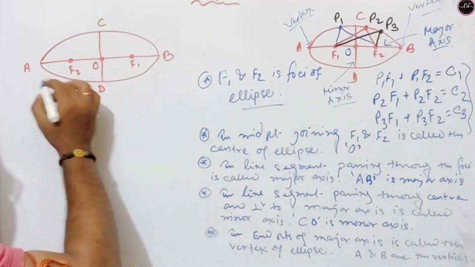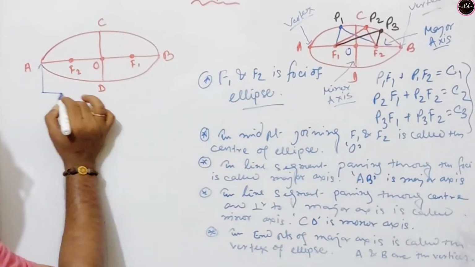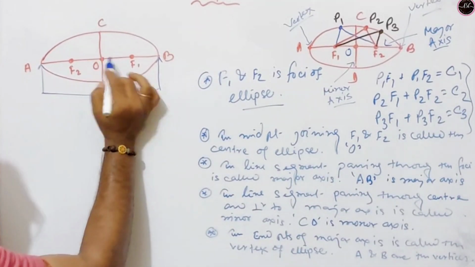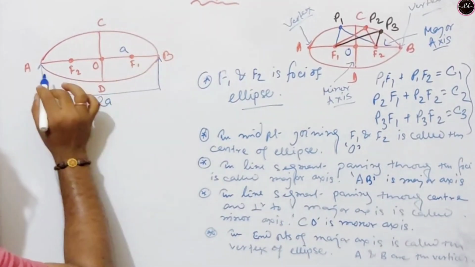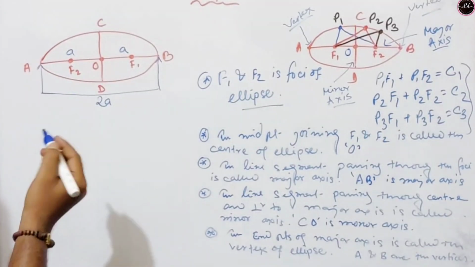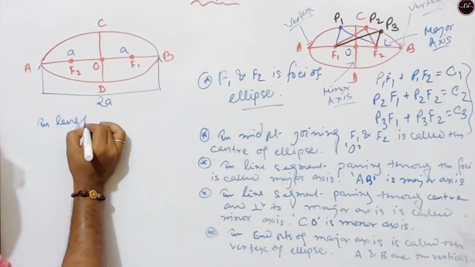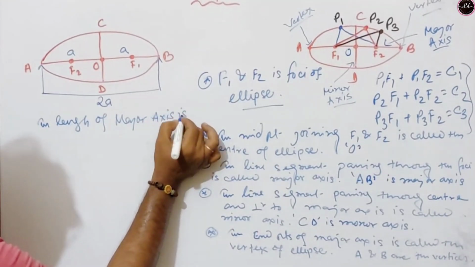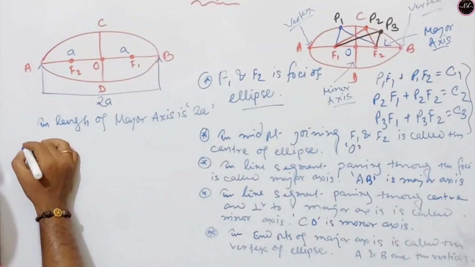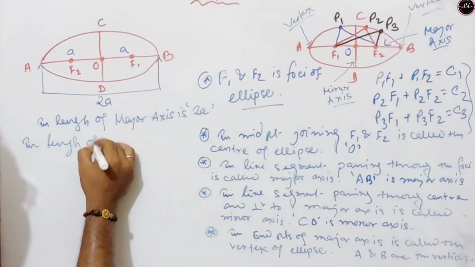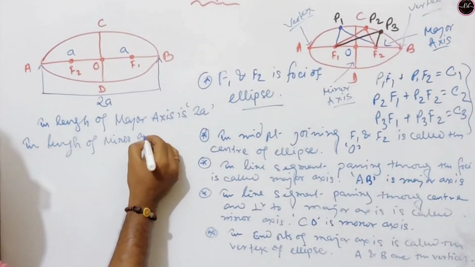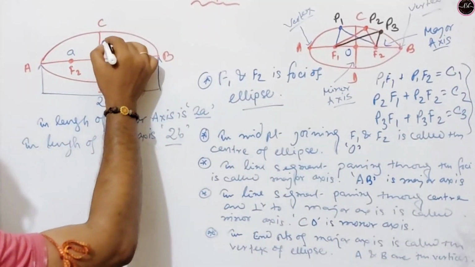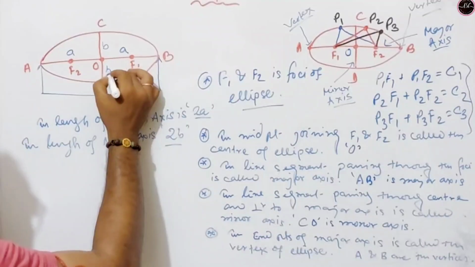Now this is an ellipse and the distance between the vertices is 2a, that means OB equals a and OA equals a. So the length of the major axis is 2a. The length of the minor axis is 2b, so OC equals b, OD equals b.